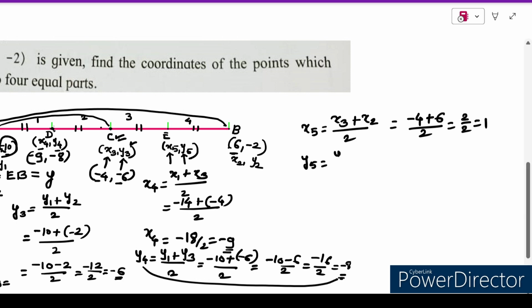Therefore that will be y3 plus y2 divided by 2. By putting the values, y3 is minus 6 plus y2, which is minus 2, divided by 2, equals minus 8 divided by 2, which equals minus 4. We get the coordinate x5 as 1, and y5 as minus 4.